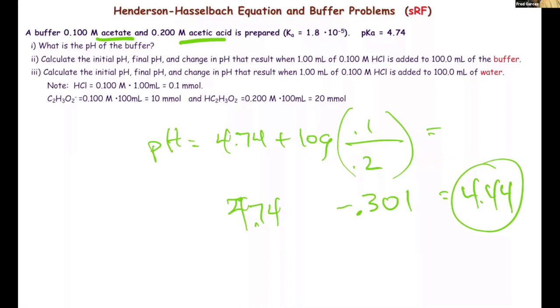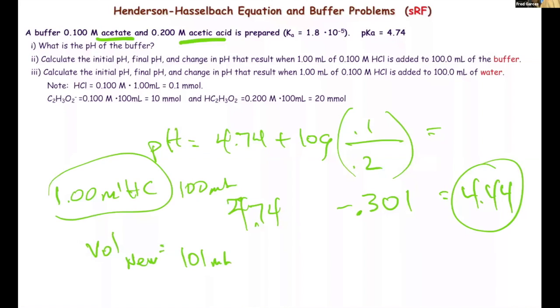Okay. Calculate the pH when 1 ml of hydrochloric acid is added to 100 mils. When you have 1 ml of hydrochloric acid in 100 milliliters, that's basically a dilution. Remember, the new volume is 101 milliliters. The 1 milliliter is 0.1 molar.